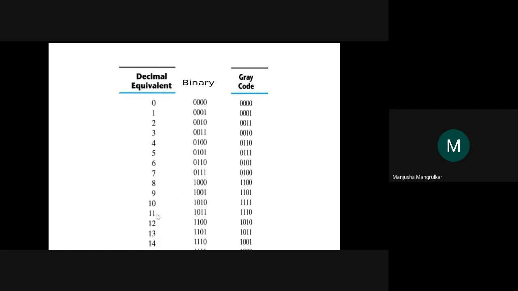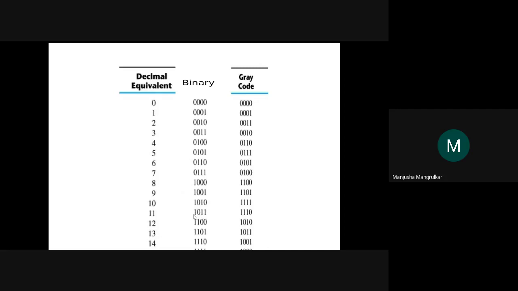This 11 is a decimal number that is converted into binary, that is 2 to the power 3 means 8, 2 to the power 1 means 2, and 2 to the power 0 means 1. So 8 plus 2 is 10 and plus 1.